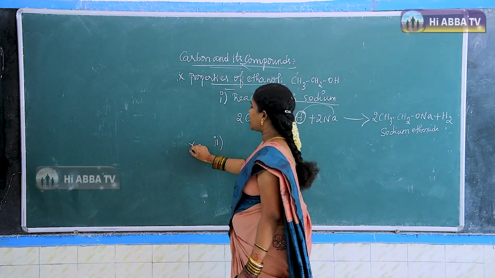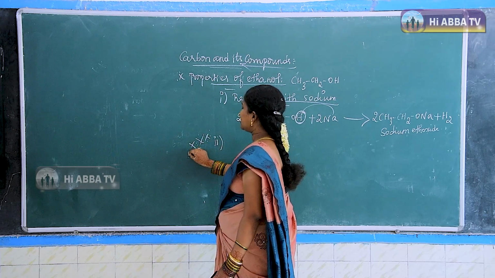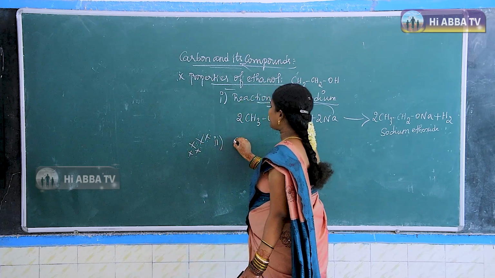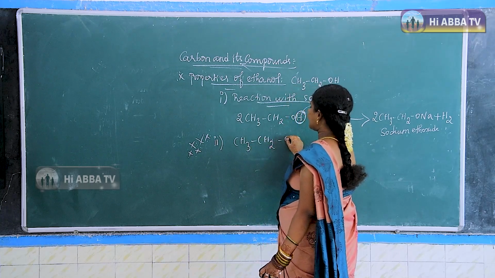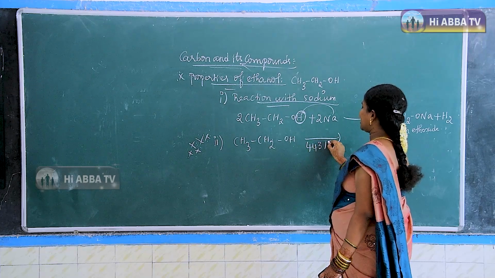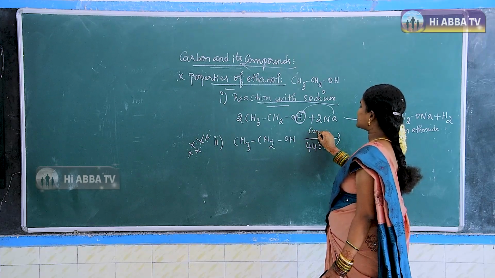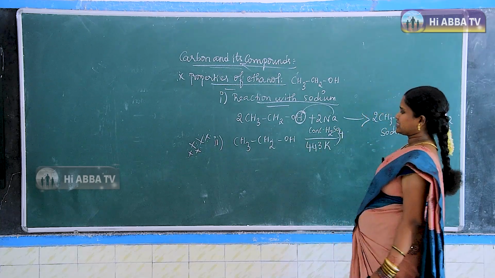And the second one is an often asked board question. What happens when ethanol is reacted at 443 Kelvin in the presence of concentrated sulfuric acid?